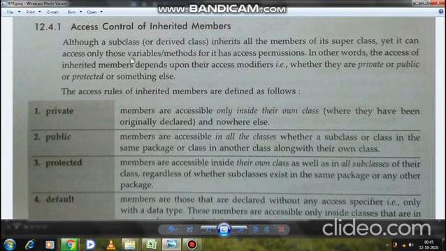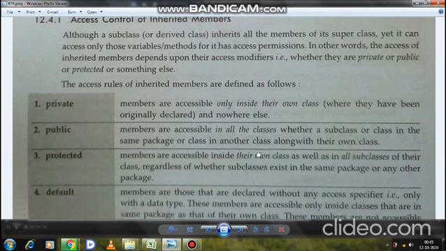See, access control means how you can access, or rather who can access your variables. Access inheritance: the access of inherited members depends upon their access modifiers, whether they are public, private, protected or something else.